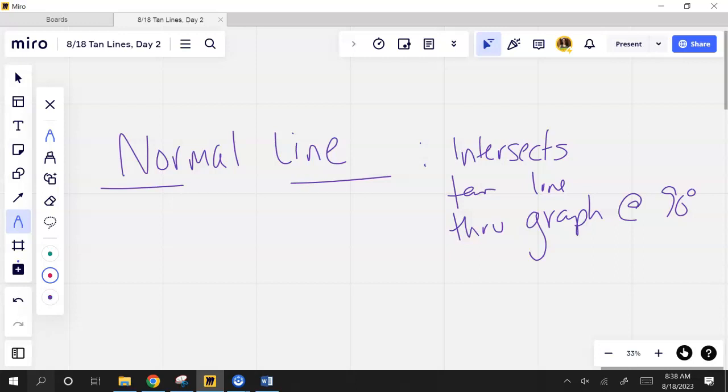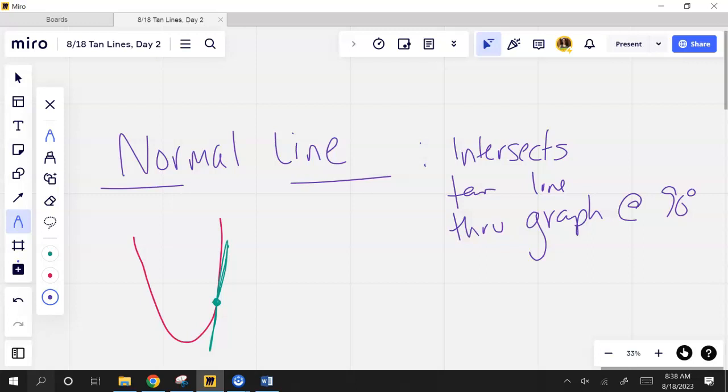So if I've got, let's say, this parabola, here's my tan line. I've gone through that difference quotient, I found IROC, I found the slope, I've got the equation of my tan line. I can use that information to also find the equation of the normal line.